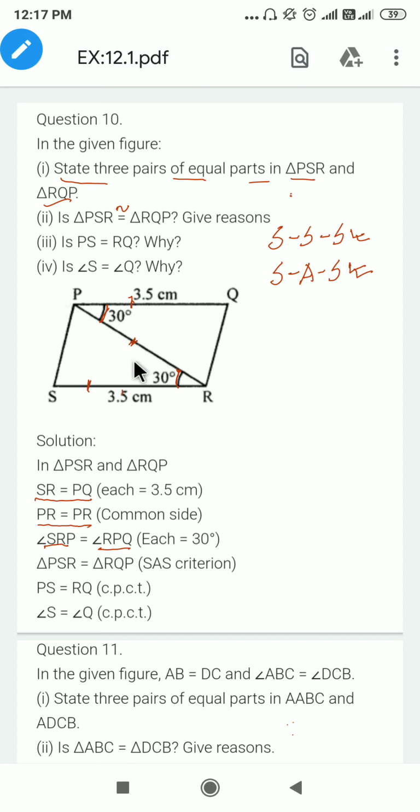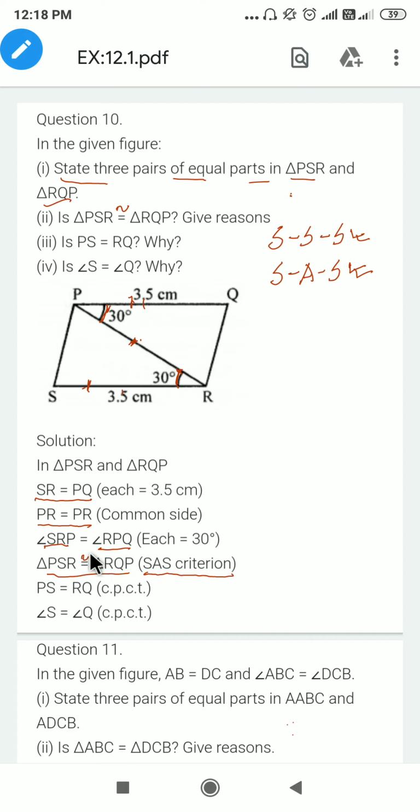Two equal sides have an equal angle. That means according to the side-angle-side criteria, these two triangles are congruent.